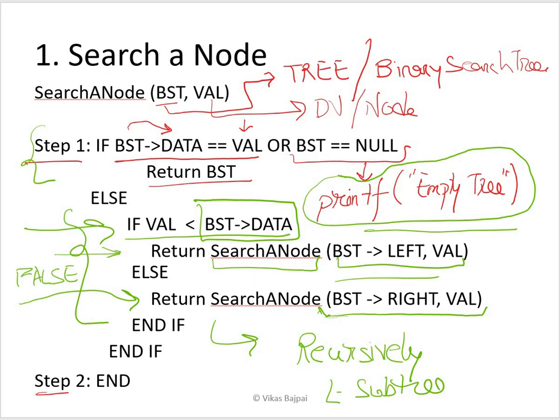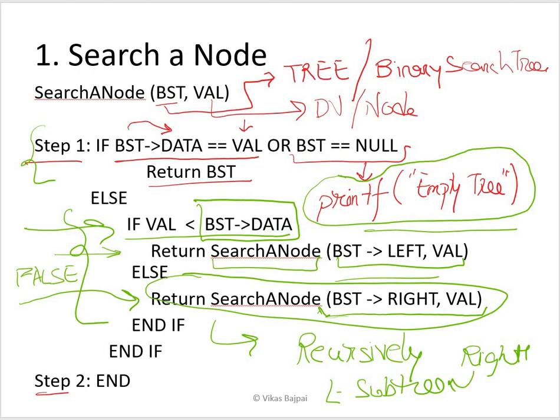And if the value of the node to be searched is greater than the value of the root node, then we have to search the node in the right subtree. And this is repeated recursively until the node to be searched is found, or all the nodes in the binary search tree are compared with the node to be searched, right?